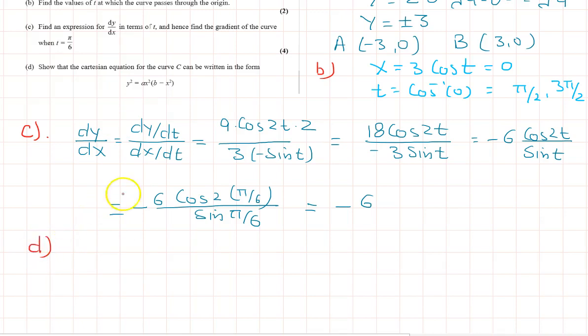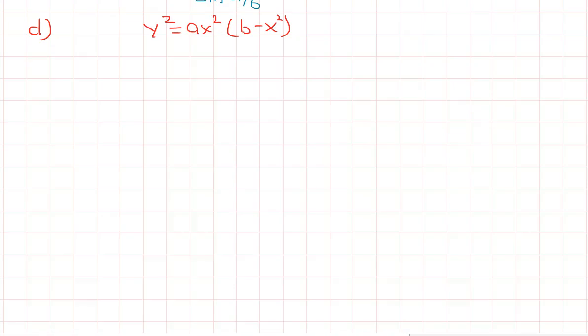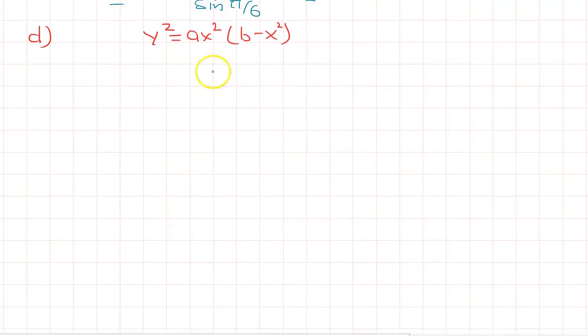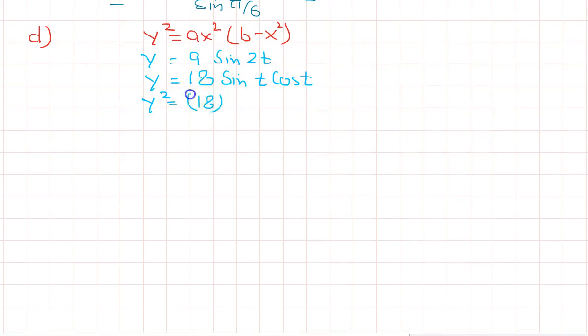Part D. Show that the Cartesian equation of the curve C can be written in the form y square is equal to a x square into b minus x square. We have to prove this. Y square can be written as 18 square sin square t cos square t.